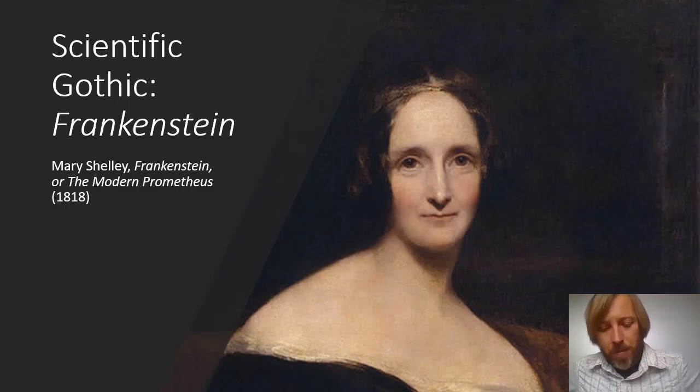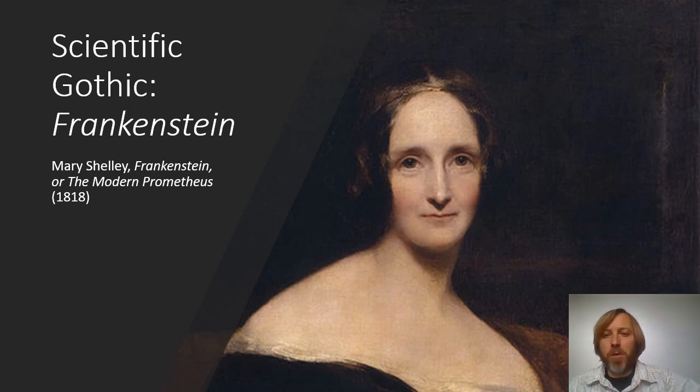Of course, when we talk about the Gothic, one text that we cannot ignore that again takes the Gothic writing in a different direction is a text that is firmly entrenched in Romanticism. We'll talk about Romanticism, of course, later on, but I have to put that in here, and that is Mary Shelley's Frankenstein, or the Modern Prometheus.